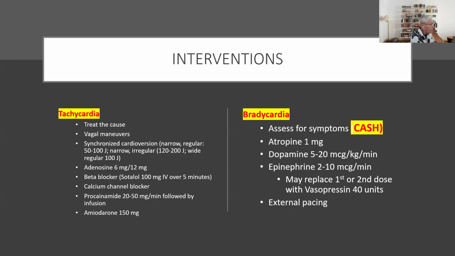One such thing is adenosine. Adenosine is a very specialized drug, and this is usually given very quickly because it has a very short half-life. So usually adenosine is going to be given with special precautions.